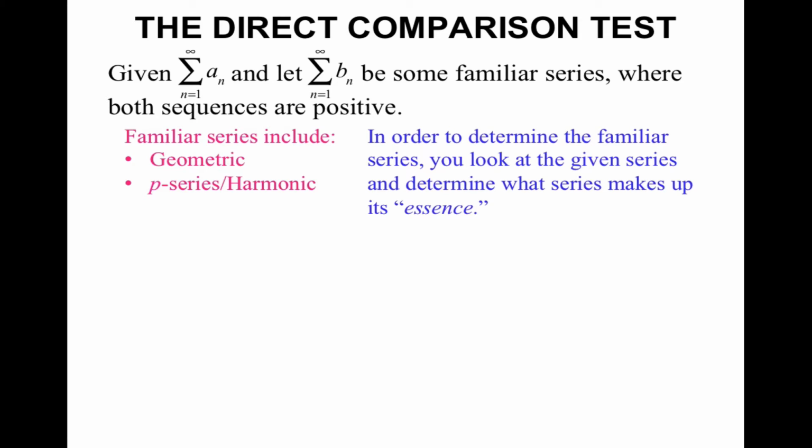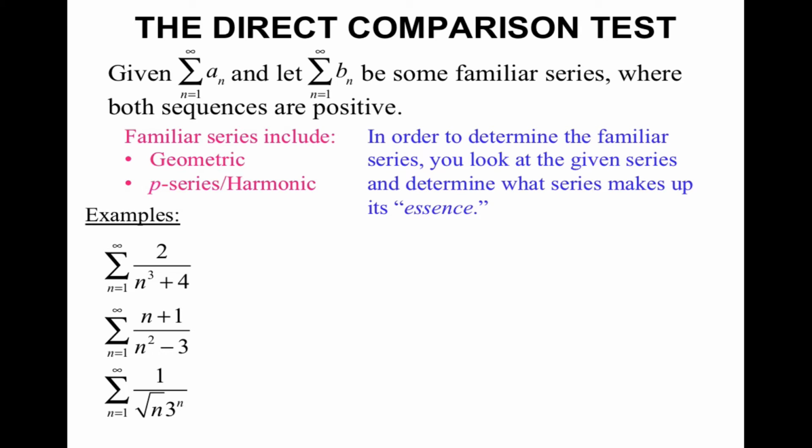So in order to determine the familiar series, you will look at the given series and determine what series makes up its essence. So what I mean by that is if we look at these three examples, in this first example, we have 2 over n cubed plus 3.